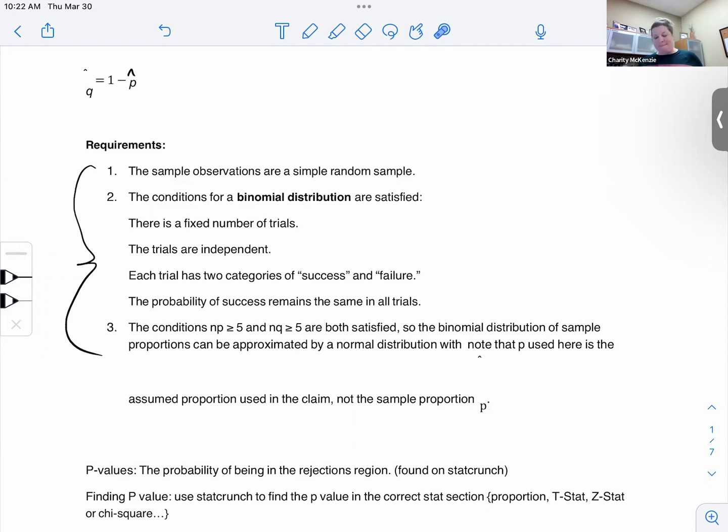Think about that. If you have a very low sample and you're testing a claim of 1%, a super small number, and I sampled 5 people, 1% of that is 0.5. It's nowhere near 5. If you're going to test something that's a really small percentage, you have to have a large number of samples.